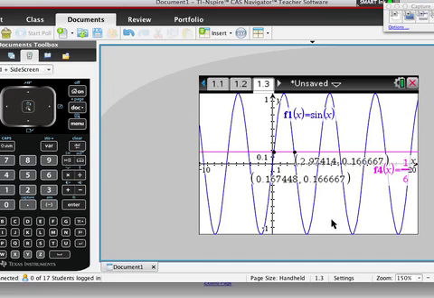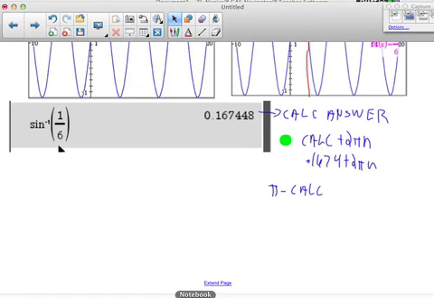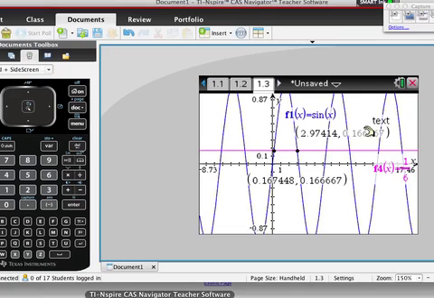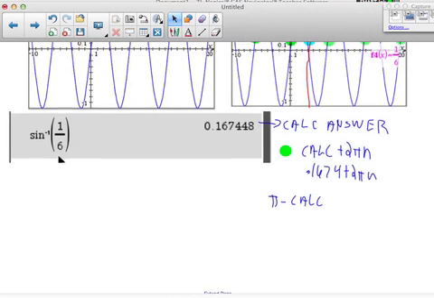And look what we have. We have the same exact answer as pi minus the calculator answer. So hopefully that convinces you for this video that this value right here will help me get the second formula that I'll need for inverse sine.